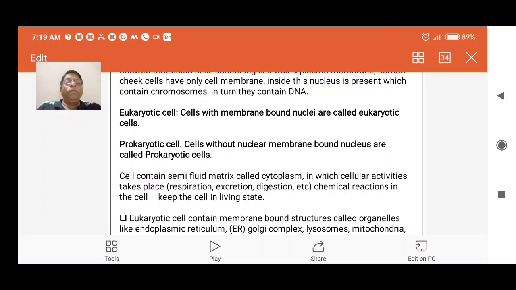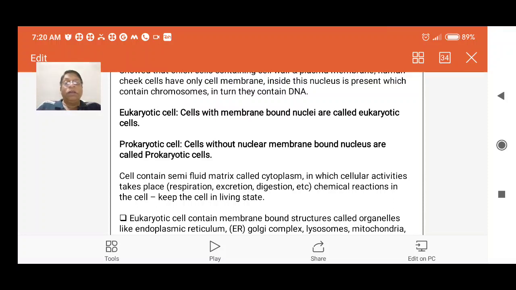I told you, after the discovery of electron microscope, it is possible to study the detailed structure of the cell. After the discovery of electron microscope, two types of cells were discovered.